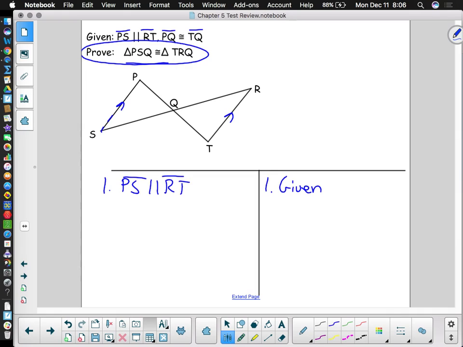Right there would be a Z. Z's look like N's when they're turned on their side. So what angles are congruent as a result of that? Angle SPQ is congruent to angle QTR. Let's mark it in. And that's the alternate interior angles theorem.